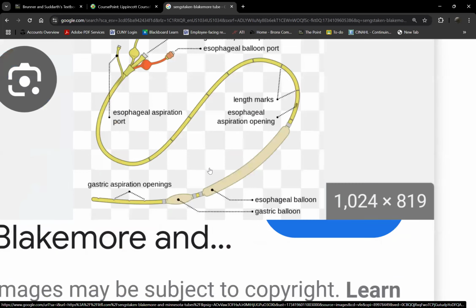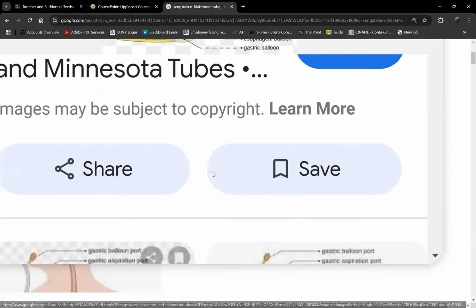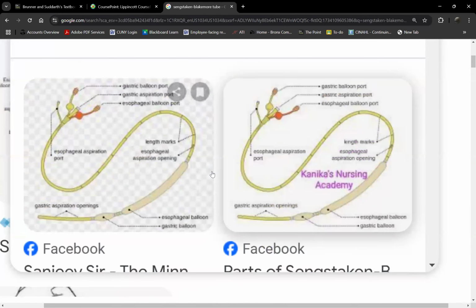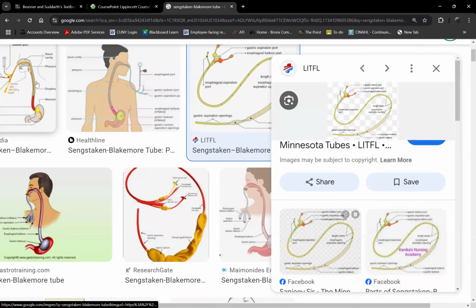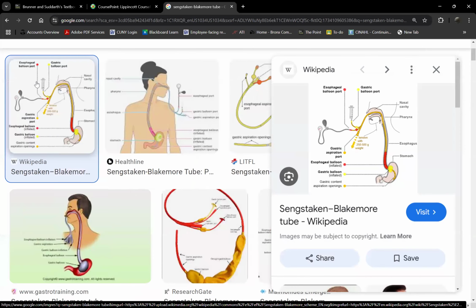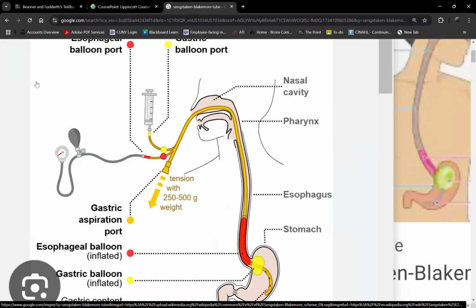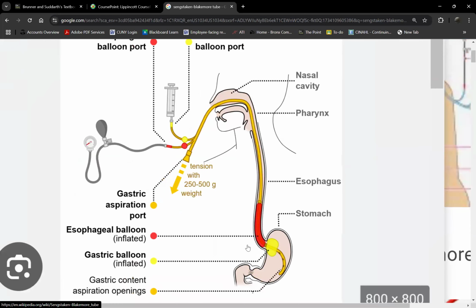The location will be in the lower part of the esophagus, right here. That's the first balloon because the varices are usually located in this area. And then this balloon, of course, will anchor the tube so it doesn't move. So this big balloon here will compress the bleeding varices, stop the bleeding. This will be in for at least 24 hours or as long as 36 to 72 hours.